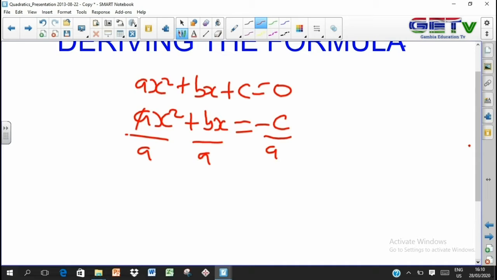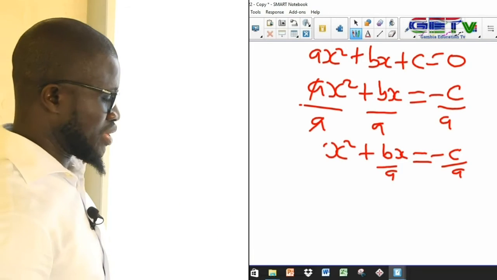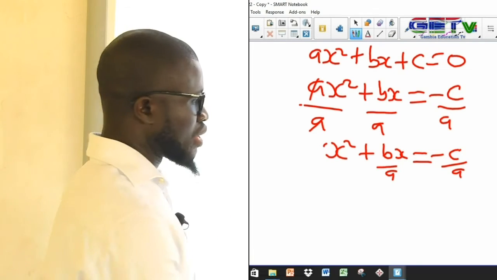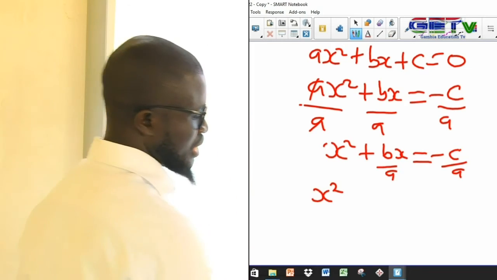A cancels a. We are left with x squared plus bx over a equals negative c over a. Now, if you look at this expression, I will write it this way to remind you of something that we learned in the previous lesson.